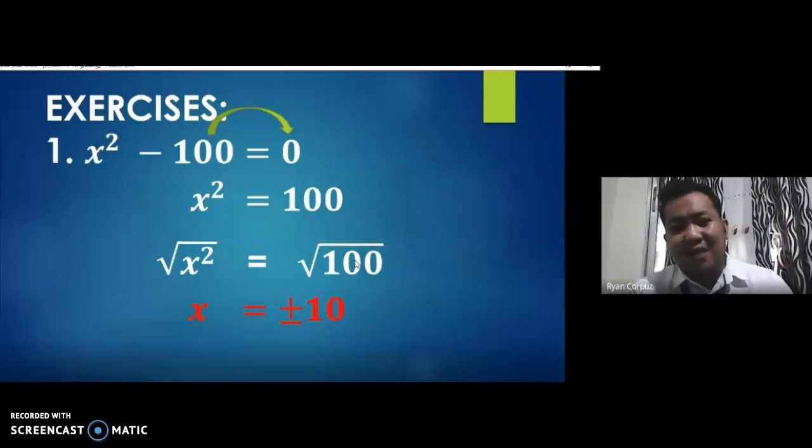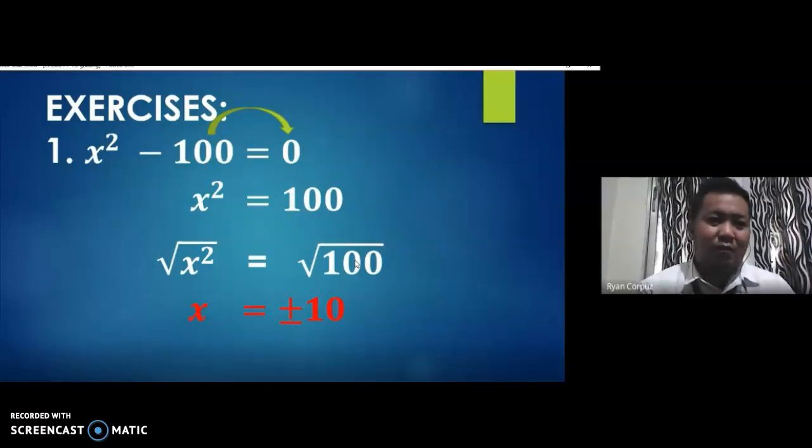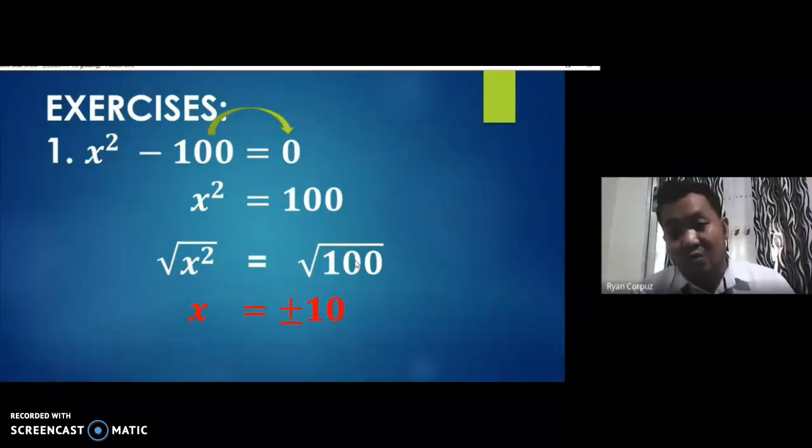That positive 10 is what we call the principal root. So when we are asked to find the square root of a certain number, and we do not yet know how to solve a quadratic equation, we only give an answer which is what we call the positive root. If you're asked the square root of 100, your answer is 10, only 10, because 10 is the principal root.